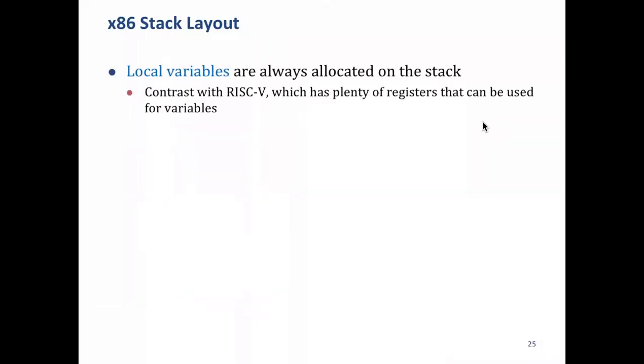Now we have to be careful about the order in which variables are stored in the stack. Local variables, we know, are allocated on the stack on x86. And what happened in the case of RISC-V?